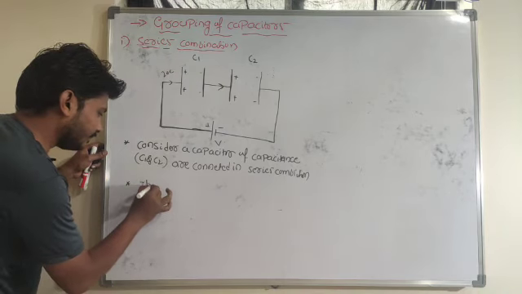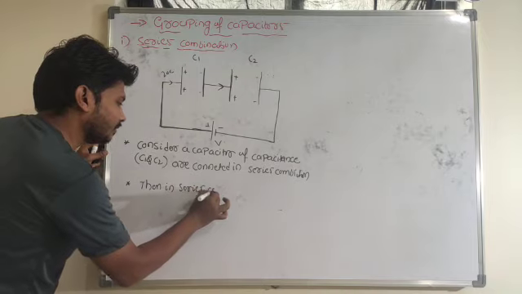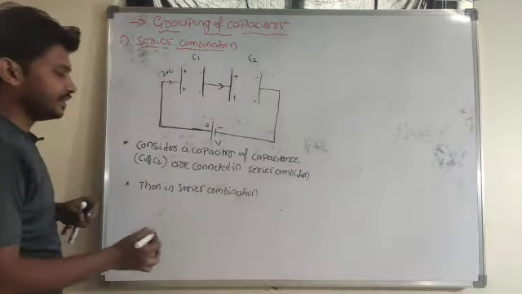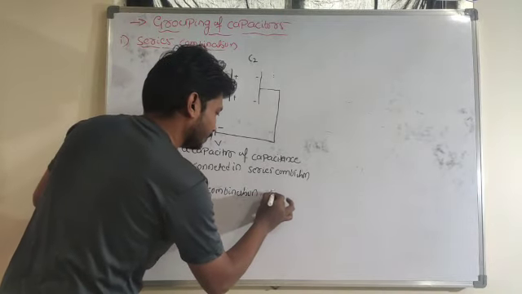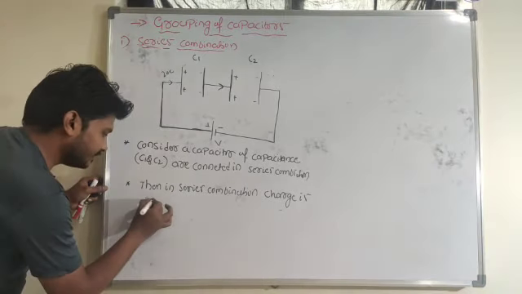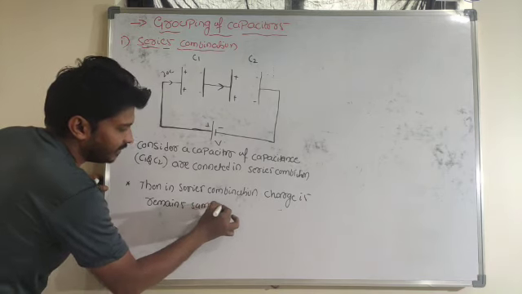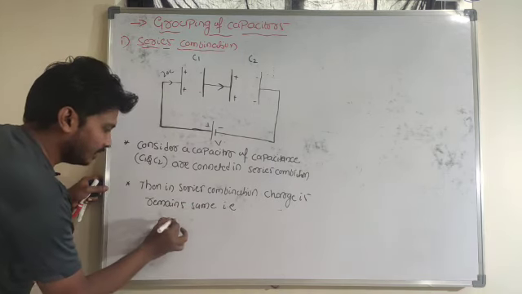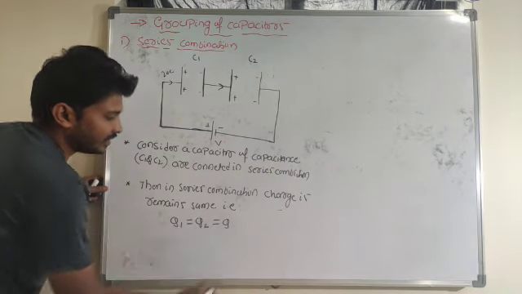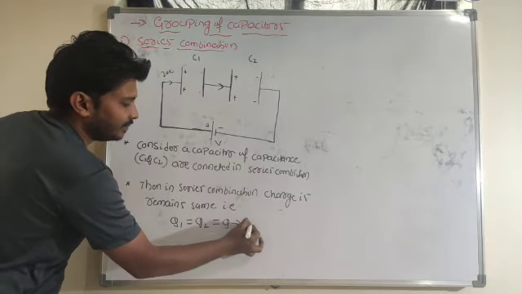Then, in a series combination, charge remains the same. That is, Q1 is equal to Q2, or generally I will take it as Q here. So in case of series combination, charge remains the same.